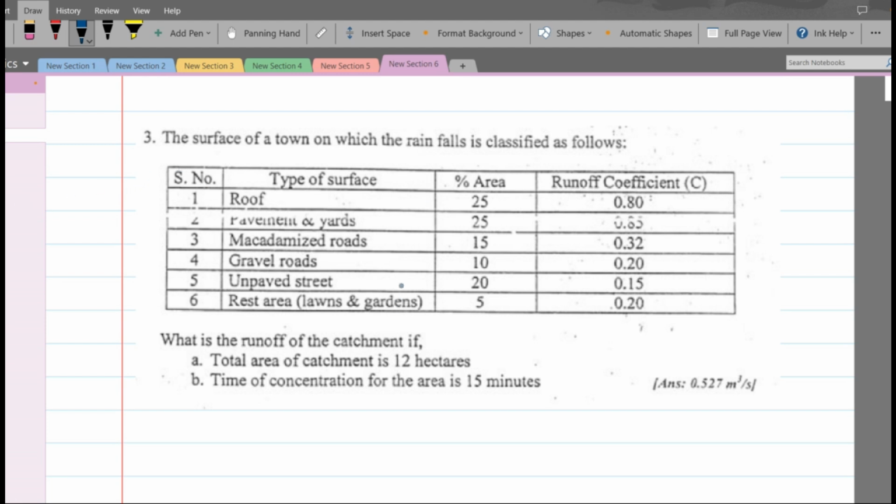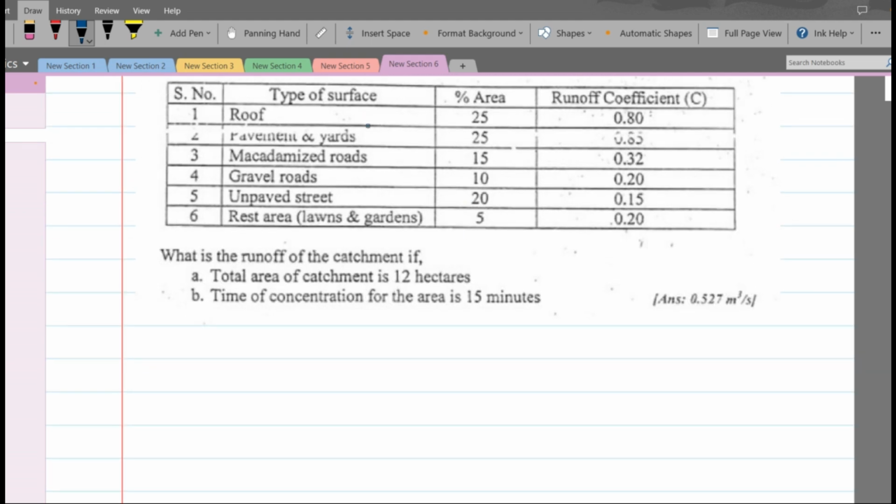Question number 3. The surface of a town on which the rainfall occurs is classified as in the table. The percentage of area and runoff coefficient is given in the table. If you add up, this will be 100%, right? First of all, you need to find the average coefficient of runoff C, which is the summation of CiAi divided by the summation of Ai, right?